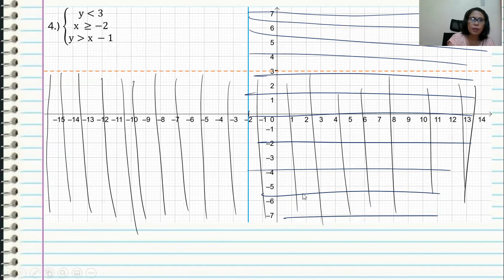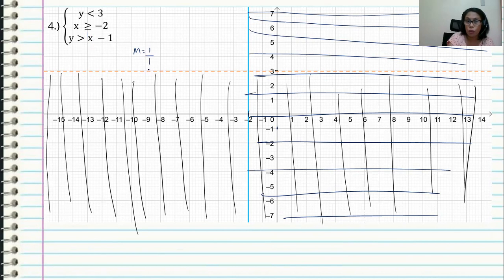And lastly, this is already in the slope intercept form. So we have the y-intercept equal to negative 1 here, and then we will be needing another point, which can be obtained by considering m equals 1, which is the coefficient of x and will represent the slope.